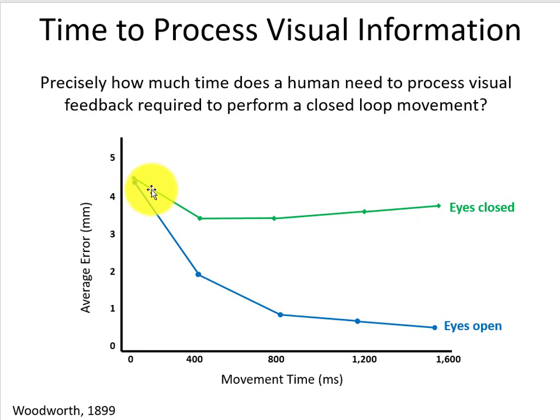And what Woodworth actually did by plotting it in this way, he found that about the first statistical difference you get is around here, which is about 250 milliseconds. And this is the point in time, and this answered Woodworth's question. He said, based on my experiment, the human system needs 250 milliseconds of visual feedback in order to use visual feedback to control its movements.